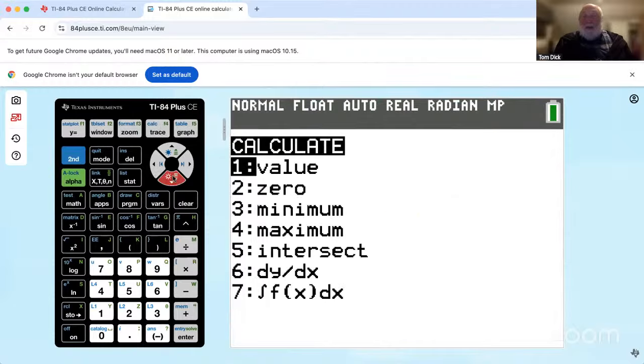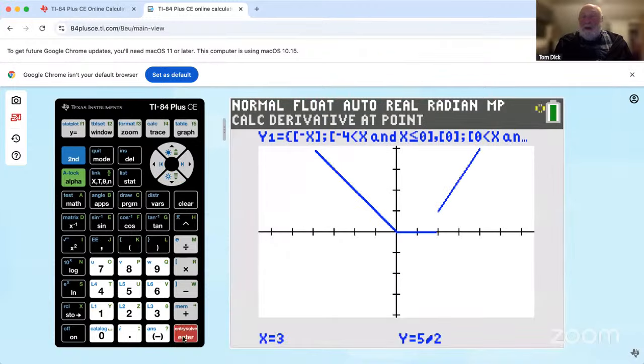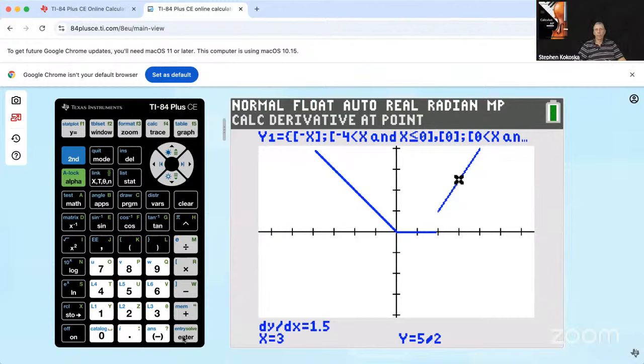Let's go down to number 6, calculate the slope there. 1.5. That's perfect, right on the money. Okay, and that's because there's no problem. This is a place where the function's differentiable, and it's still doing a difference quotient with a very small value, but it's getting a very accurate value. In fact, with it being linear, it's exactly right.